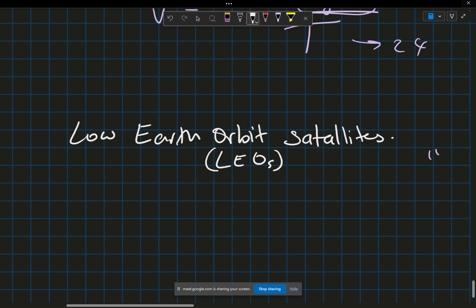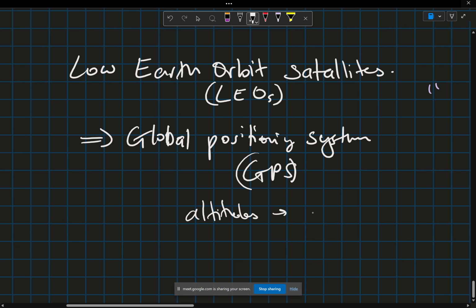So the GPS satellites orbit at a much lower altitude. Those altitudes tend to be around 200 to around 2,000 kilometers above the Earth's surface, and their orbital period tends to be around 90 to 120 minutes.